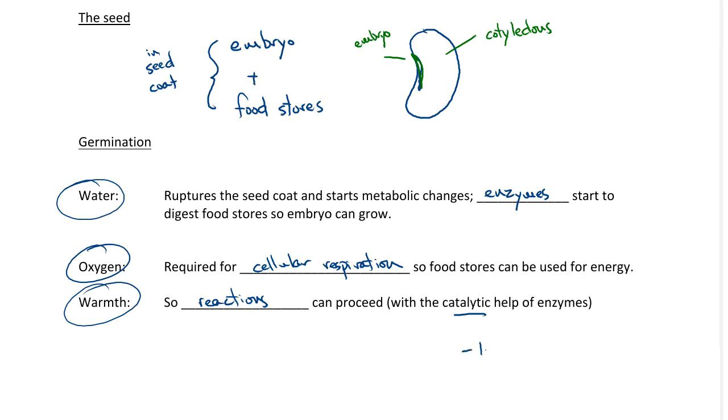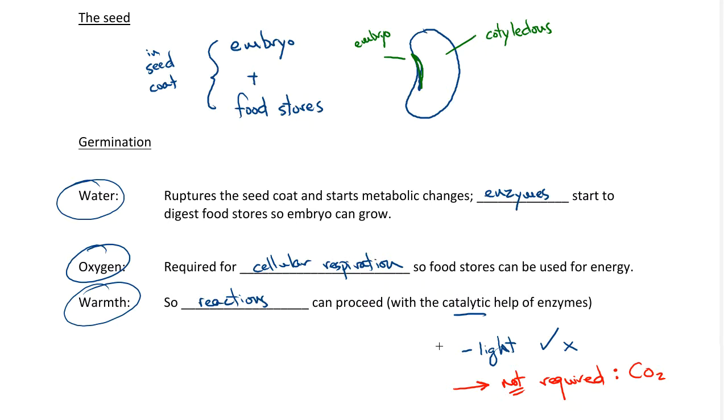Now, light is sometimes required. Some seeds will need some light to germinate, and some seeds will actually need darkness to germinate, and some seeds don't really care either way. However, it's interesting to note that what is not required here is carbon dioxide. We often think about carbon dioxide when we think about plants because they're using carbon dioxide as a raw material for photosynthesis, but the germinating seed is not photosynthesizing yet.